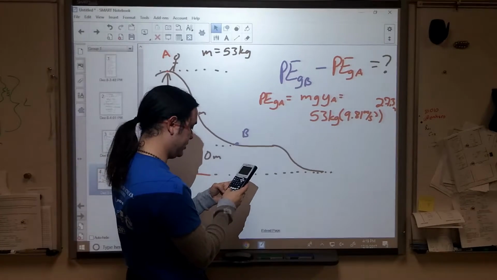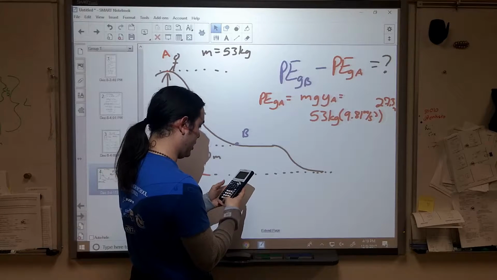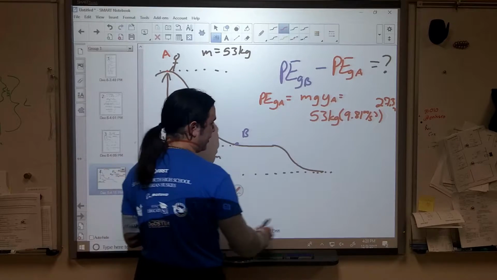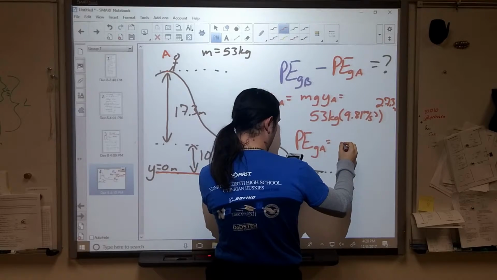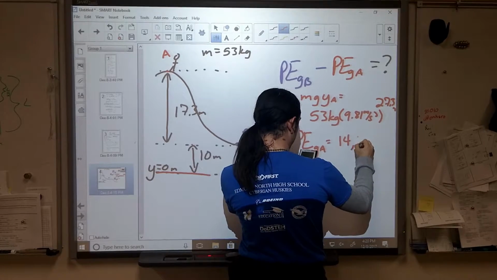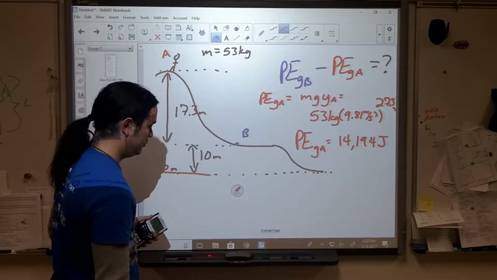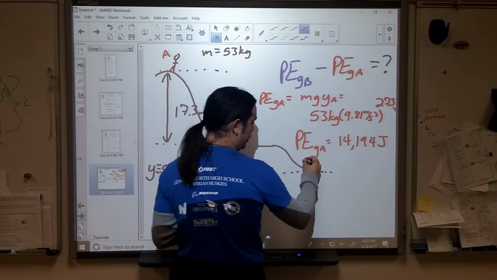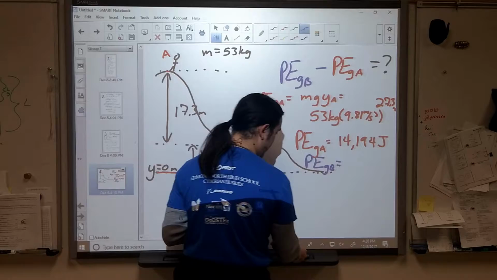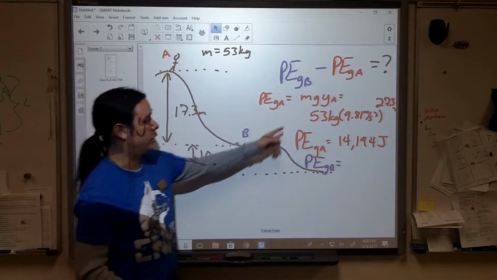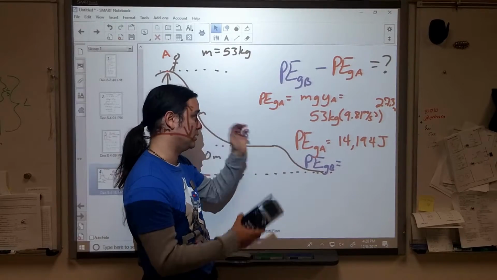Okay, so I'm going to multiply all of that out, and I'm going to find that my potential energy due to gravity, 53 times 9.81 times 27.3, is equal to, we have a staggering initial potential energy due to gravity of 14,194 joules. Great. I'm going to do this quickly, but let's find the potential energy due to gravity at point B. I presume you all can do that. We're going to do mass of the skier. That doesn't change. The acceleration due to gravity, that doesn't change.